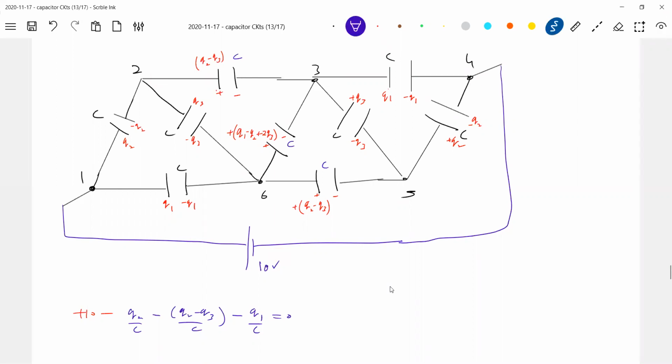Then again, we'll take the next loop, this one: minus Q2 by C minus Q3 by C plus Q1 by C. The loop is this one. Next, one more you can write here, or this we have already taken care of, no? So write one loop here, or else one path here.